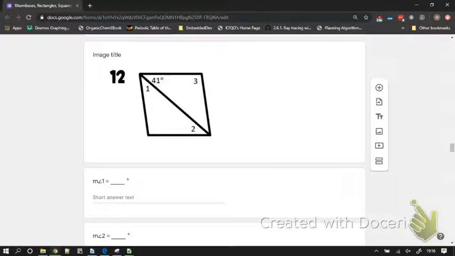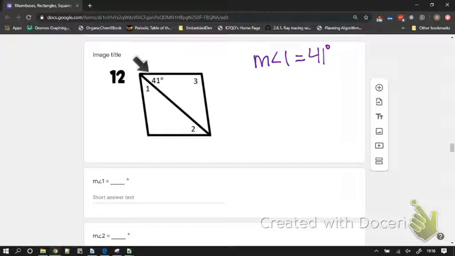So if we go back to the idea that the diagonal would bisect the angle in the corner, then you should know the measure of angle 1 is 41 degrees. Okay?